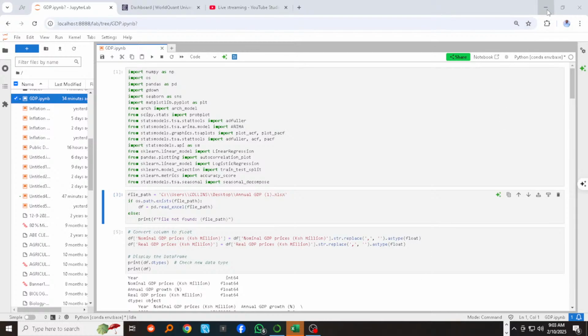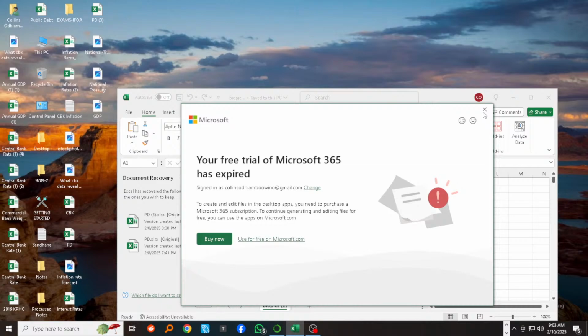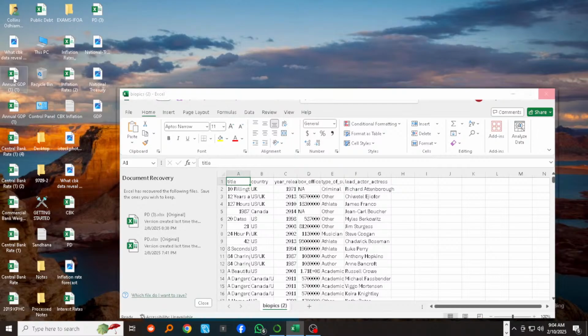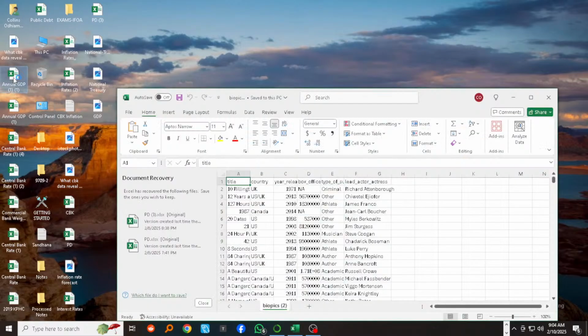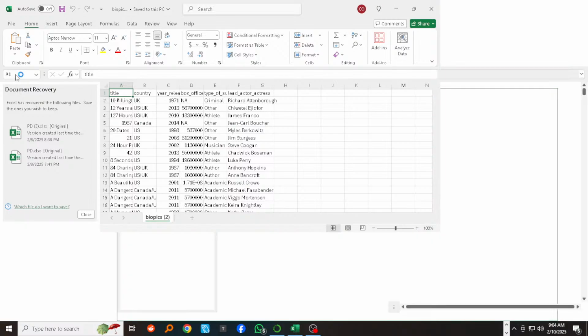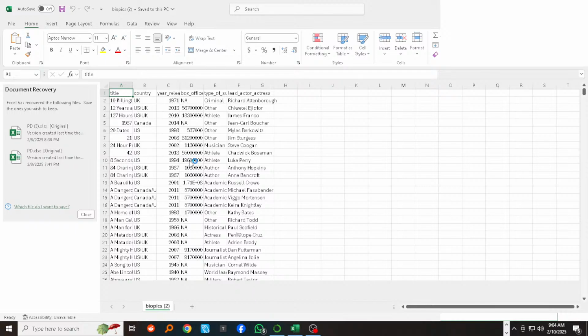So first let's see what we have in terms of the data, annual gross domestic product, that is GDP.